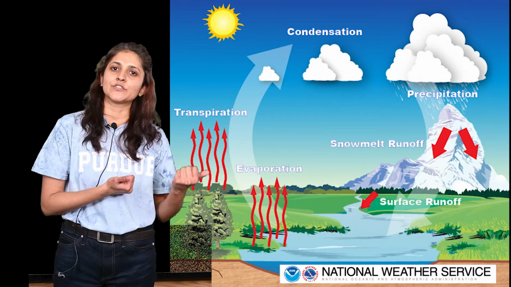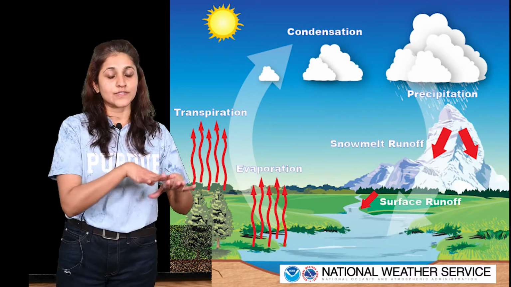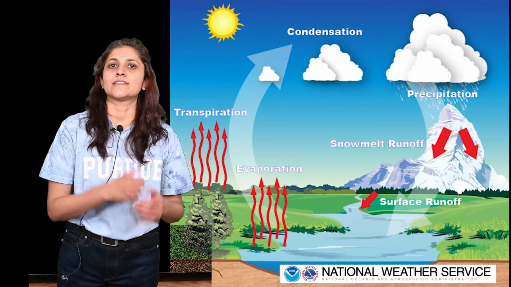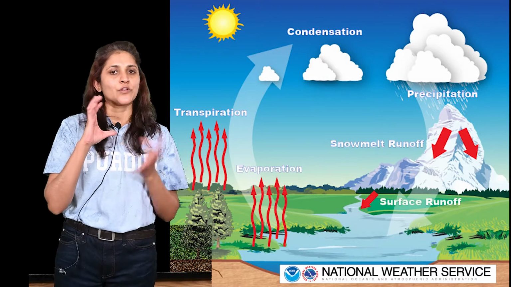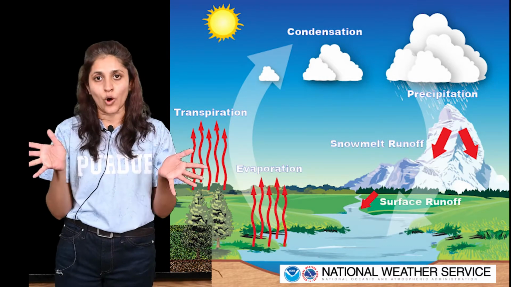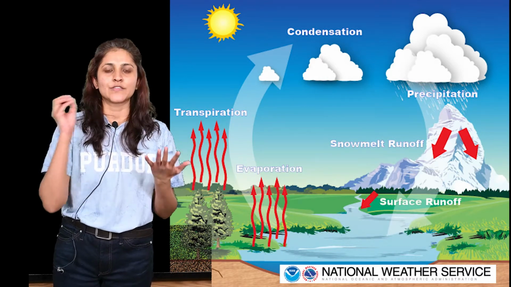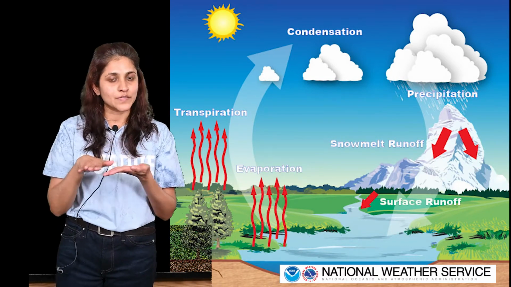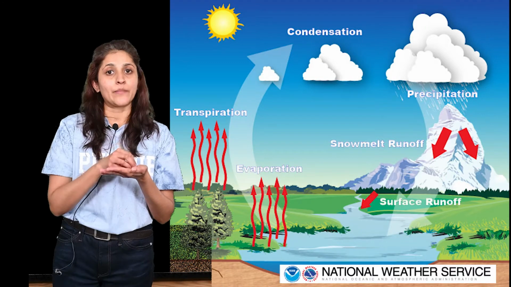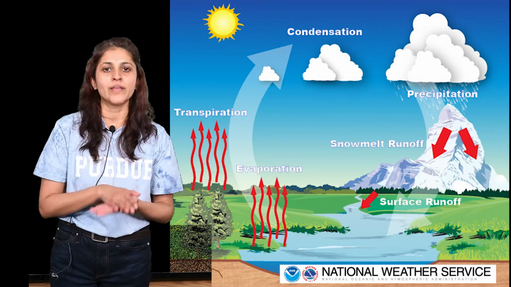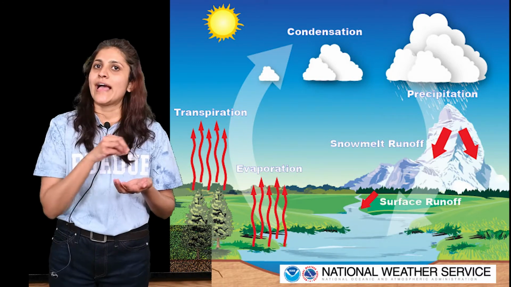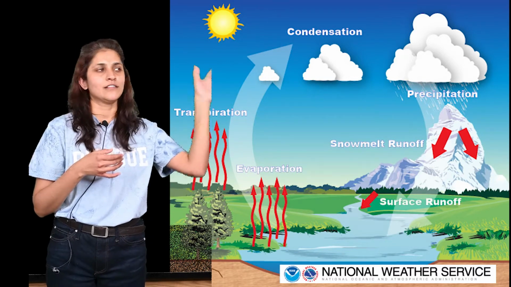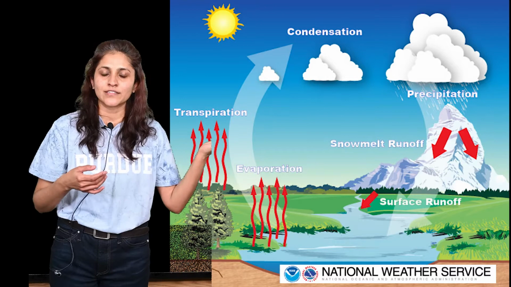Once the water is on the surface of the earth, the next thing that's activated is the sun. We know that the sun is hot, warm, and it emits radiation. The solar radiation helps the water on the surface of the earth to evaporate from its liquid form into a gaseous form, and then it rises up and is in the air around us.